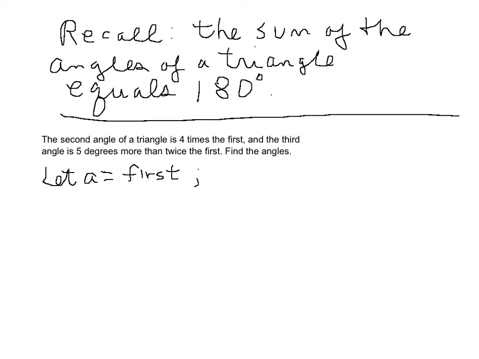Now the second is 4 times the first. So 4A equals the second angle, and finally the third angle is 5 more than twice the first. So twice the first plus 5 equals the third angle.